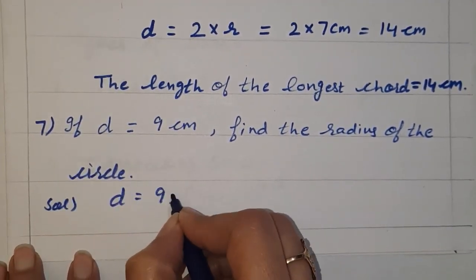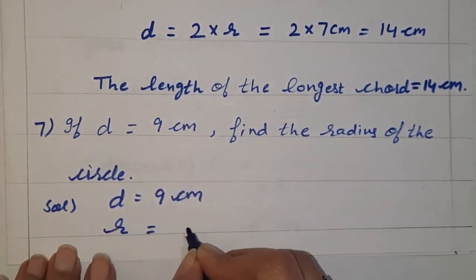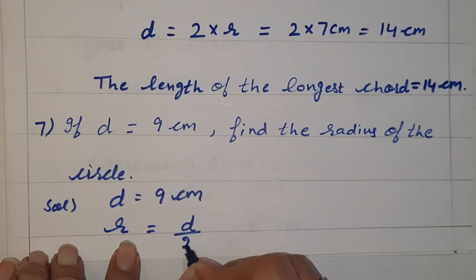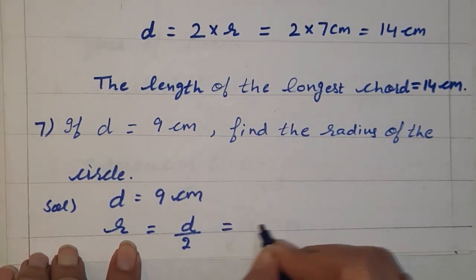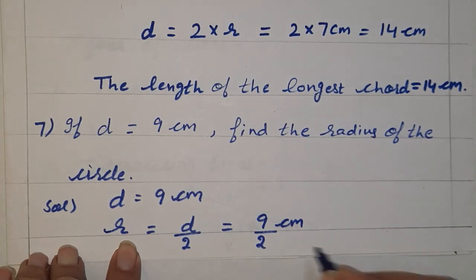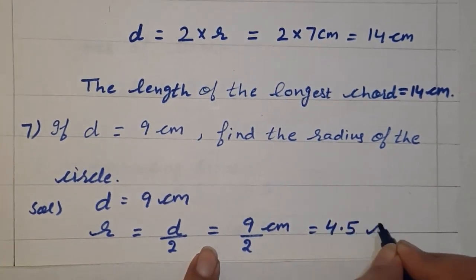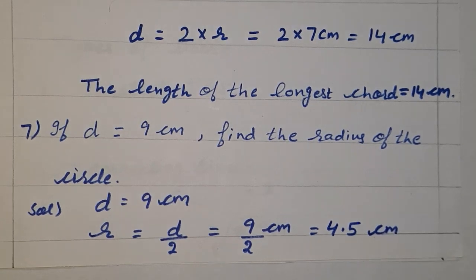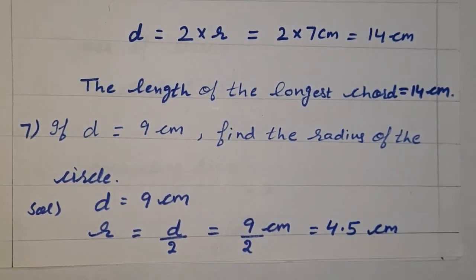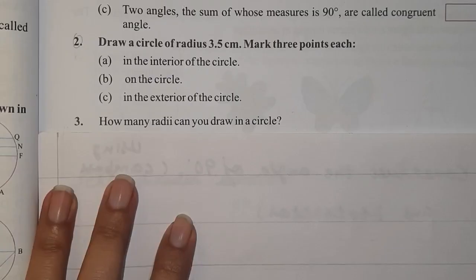Diameter 9 centimeter, and we have to find out radius. Radius is half of the diameter, d upon 2, that is 9 centimeter divided by 2. 9 when divided by 2, you will get the answer in decimal, 4.5 centimeter. So half of 9, that is 4.5 centimeter.